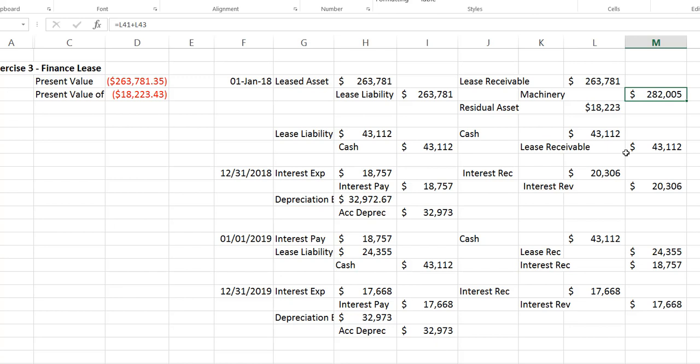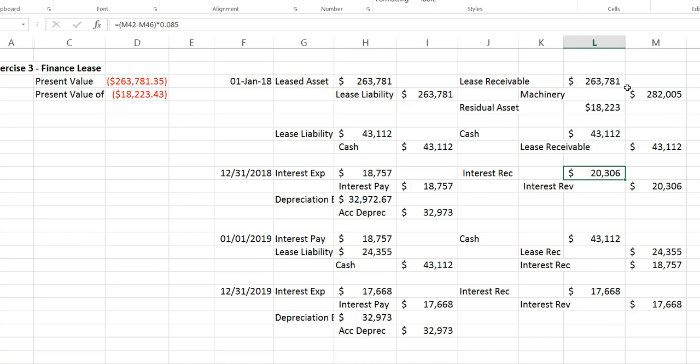First payment, just like before, reduce the liability and the receivable. Calculate interest, but because this is a situation where this side is considering both the lease receivable and residual asset, both have interest, their interest amount is higher.